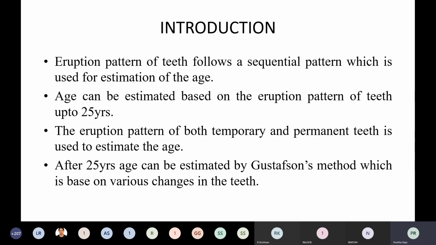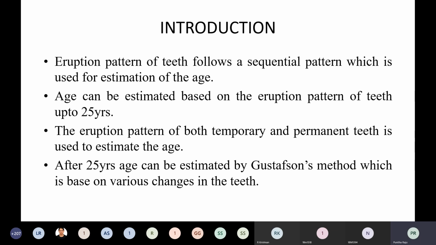The third molar is what we call wisdom teeth. A few textbooks give the upper limit as 21, but you can restrict it to 25 years. Till 25 years you can wait for the eruption of the third molar, and till then you can estimate the age based on dental examination.